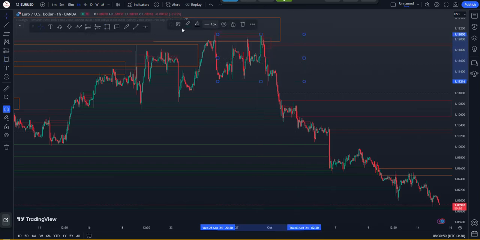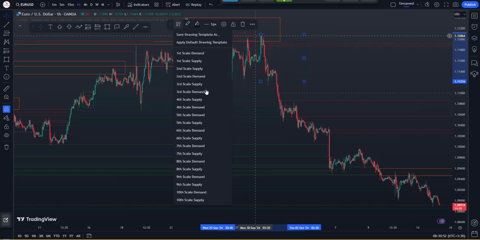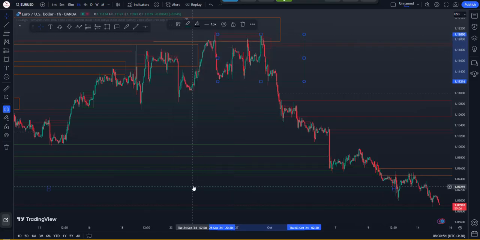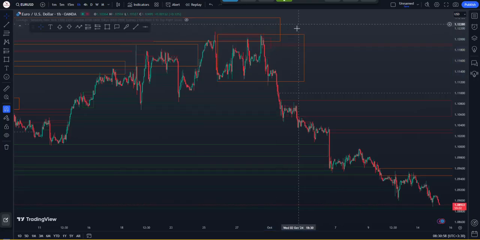This one is created after that origin is cleaned, so it's going to be a CC supply, as is this one, and inside of that we have this origin. I draw that, and this high is made by this level.